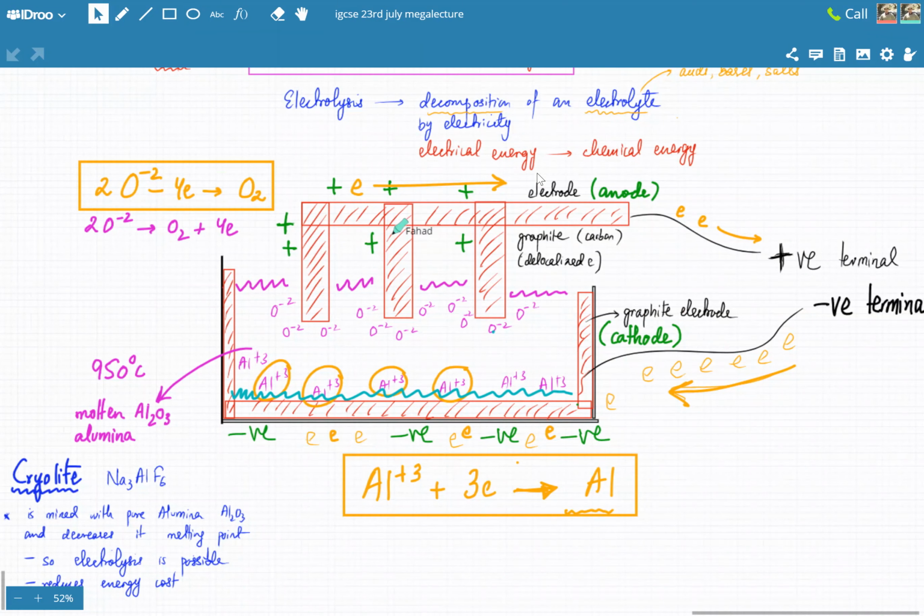And all the positive ions, the aluminium ions: this container is also graphite lined. It's a conducting material, and it's connected to the negative terminal of the battery. So negative attracts all the positive ions, and they get attracted to the container. So in a way, the ions separate in the mixture. One gets pulled to one side, and the other gets pulled to the other side.